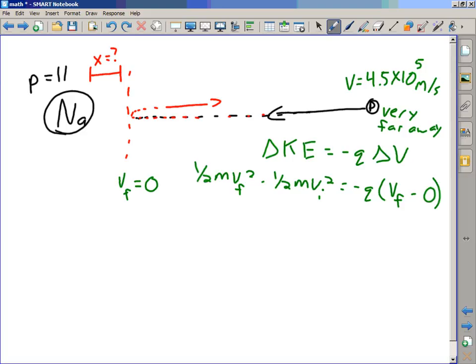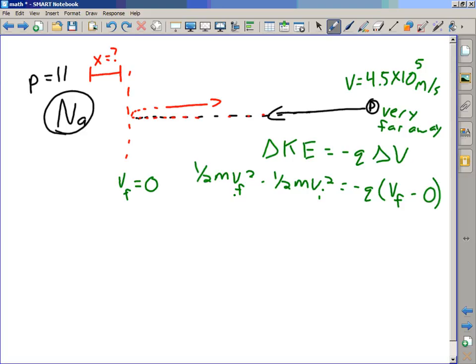Now, looking at this, final velocity is 0, so this entire term here is going to end up going away. I know the mass of this proton. I know the initial velocity of this proton. I know the charge of the proton.